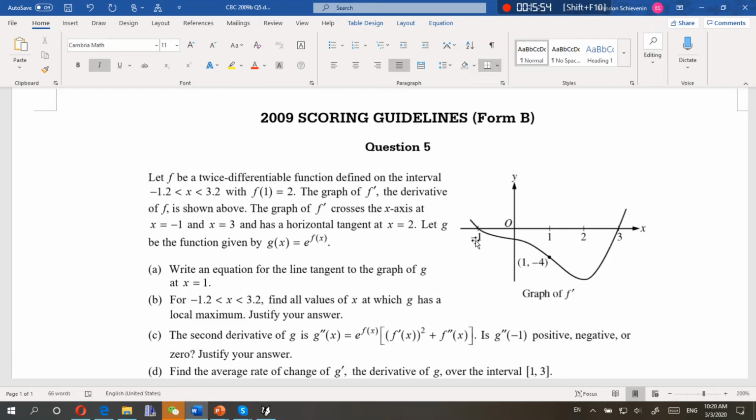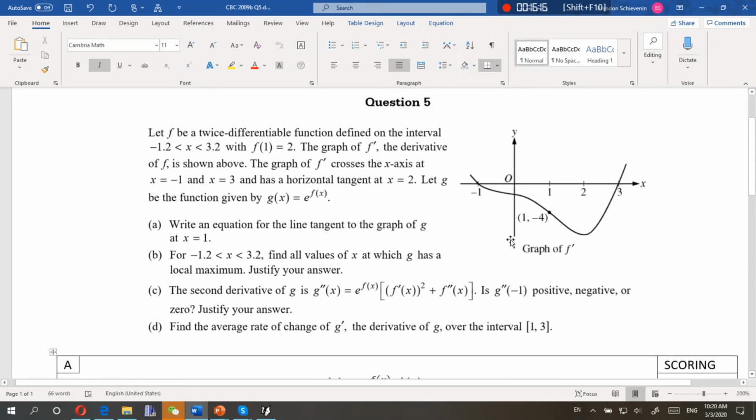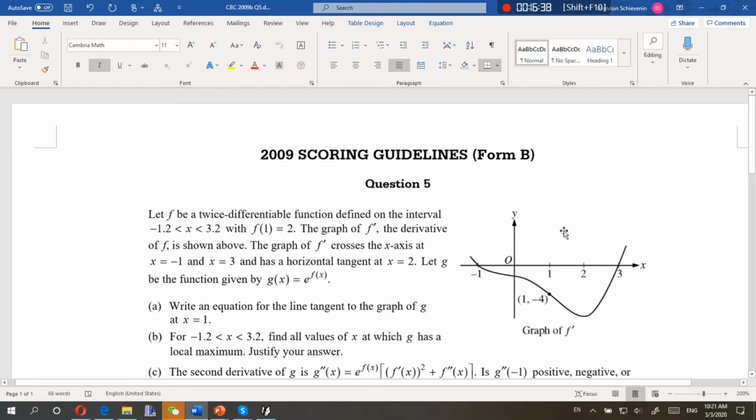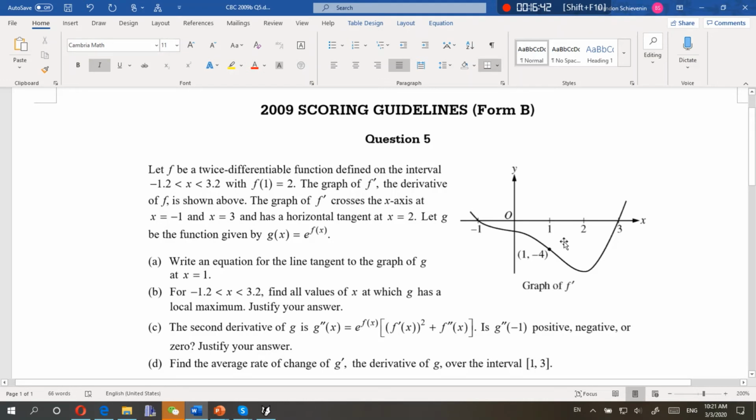No, no, no. Wait, f of 3? You cannot know exact number, right? Okay, I see f prime 3 is 0.